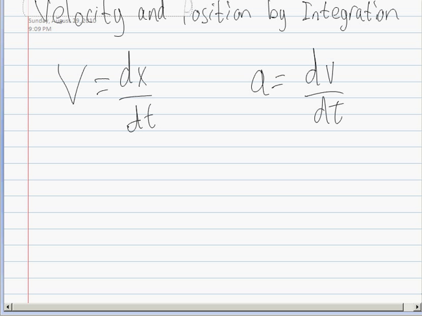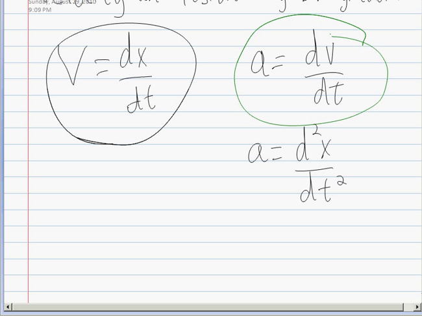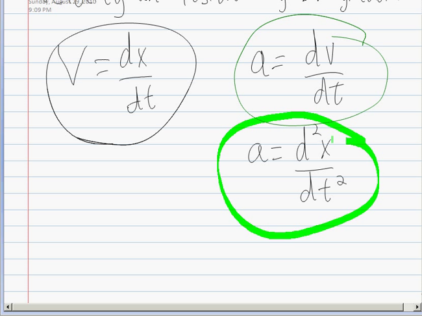Now that makes acceleration the second derivative of position with respect to time. And that makes sense. We know that velocity is the change in position over change in time, so we're golden here. We know that acceleration is a change in velocity over change in time. We're good there. And this seems like a pretty natural consequence to come from those things.